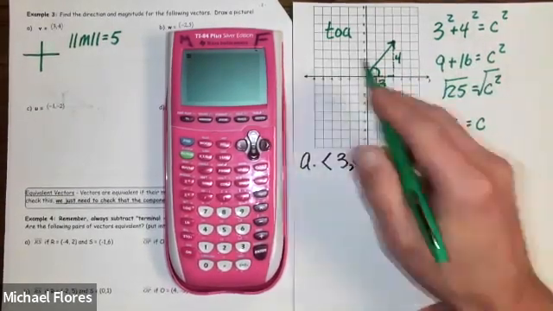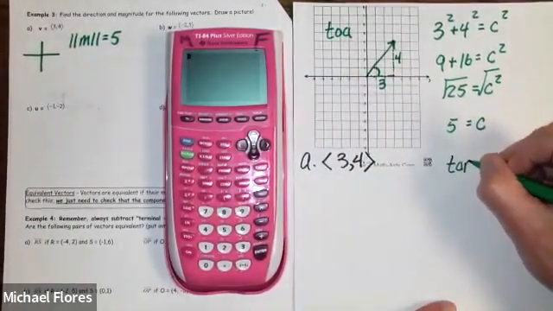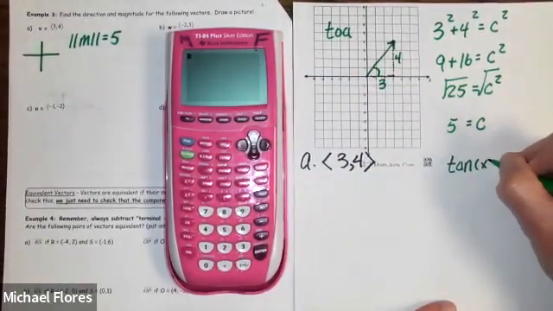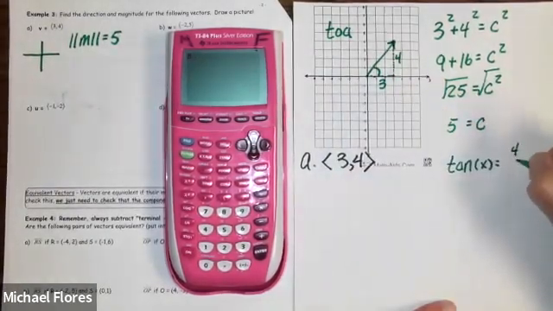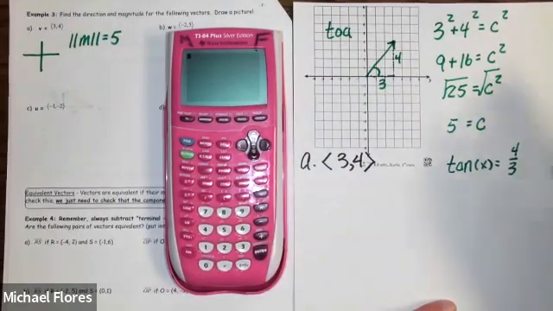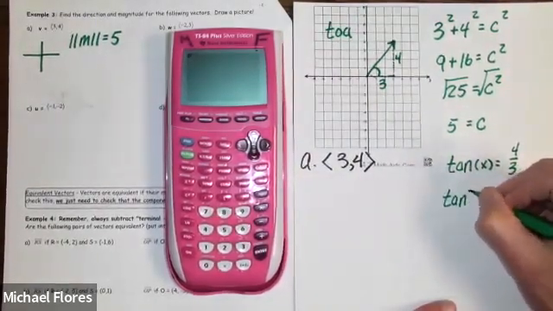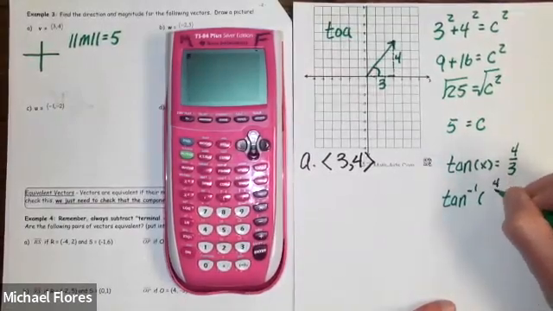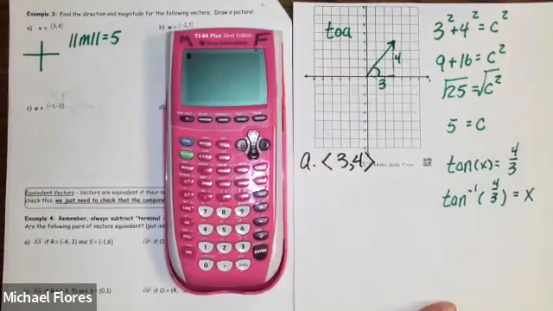So the way that we do that, remember, TOA, that's tangent. Tangent of theta, or tangent of x, is equal to opposite over adjacent. But since we're solving for an angle, we have to use inverse tangent. And then your 4/3 and your x value, they just switch places.